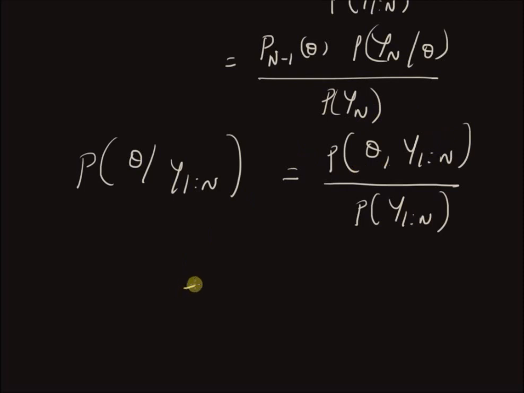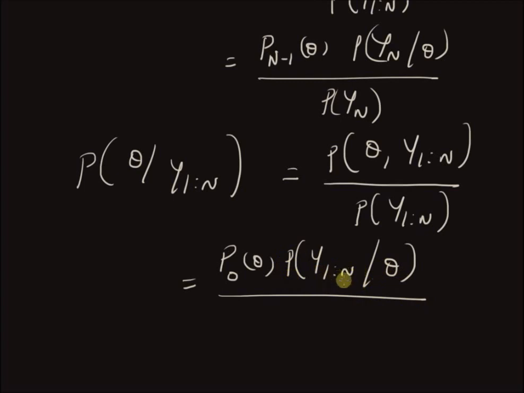And the joint PDF is equal to the initial prior of theta multiplied by the likelihood y1 to n given theta, that is the joint likelihood of n measurements given theta, divided by total evidence.